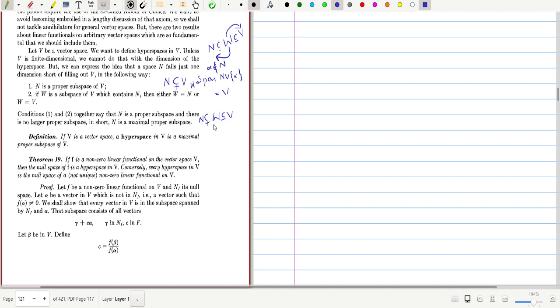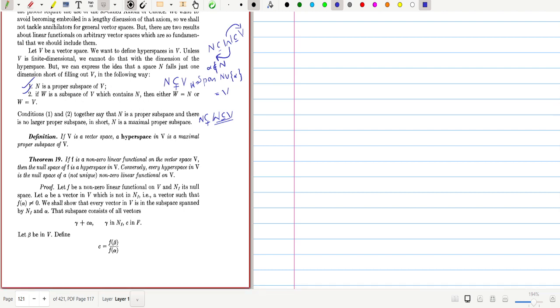So we have this W as V. That means the span of this is equal to V. So this is another way of describing this type of subspace. Or you can conclude the definition of the maximal subspace with these two conditions: N is a proper subspace of V, and if W is any subspace in between V and N, then that subspace coincides with N, or it will be the whole space.